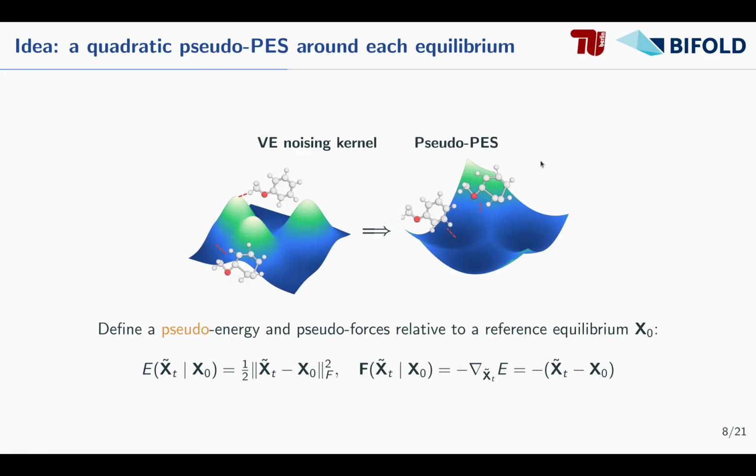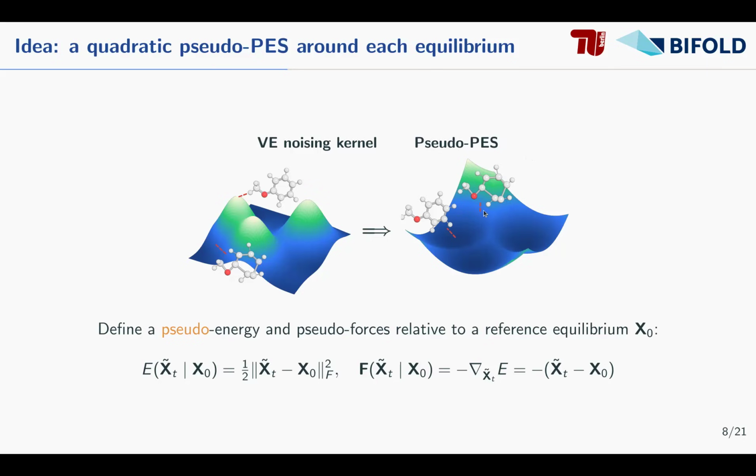Now if we look at this pseudo-potential energy surface here on the right, and we call this a pseudo-potential energy surface because it's not a real physical potential energy surface, but a simplified version which has its local minima at the same location as the physical potential energy surface, but everything in between is just much simpler.